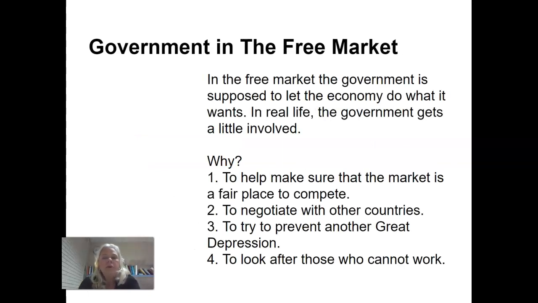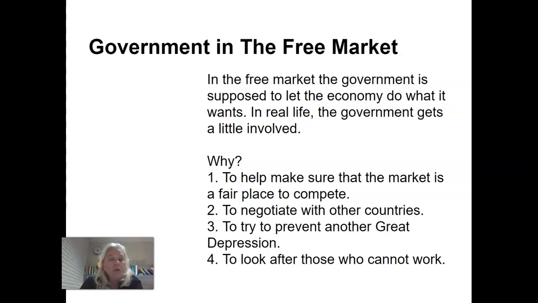So government in the free market, what does it do? For the most part, it's supposed to let the economy do what it wants. But it does get a little involved. It tries to help make sure that the market is a fair place to compete. So in other words, it has made it illegal for monopolies to occur, where one company gets in a position where they own all of the resources of a particular market.